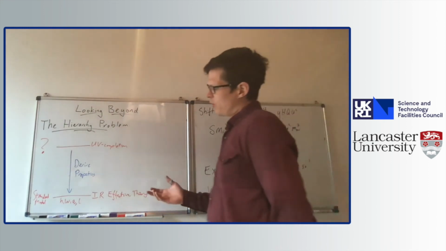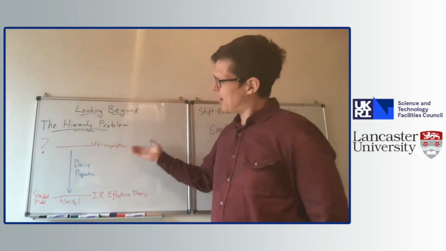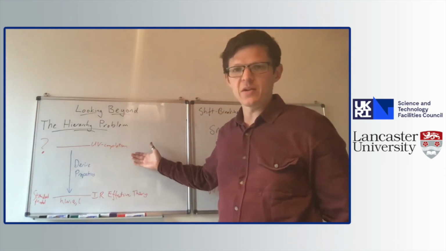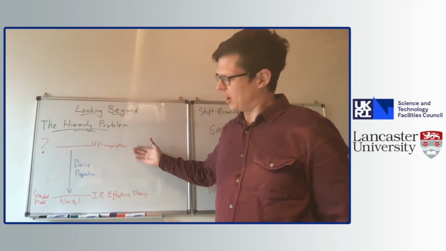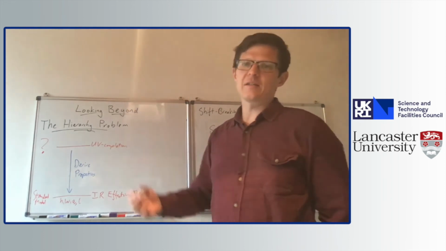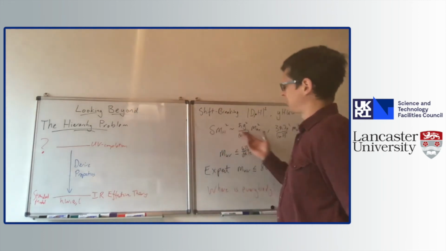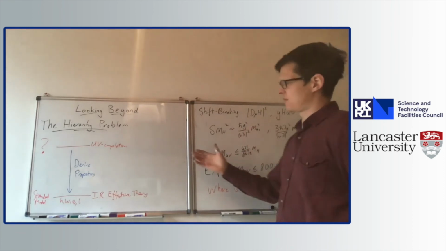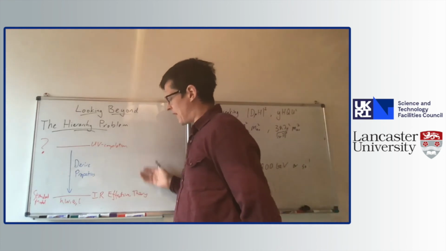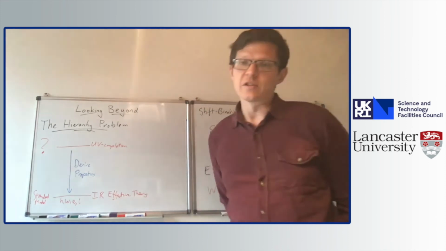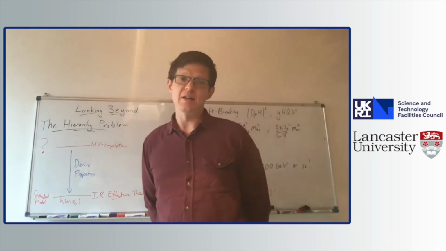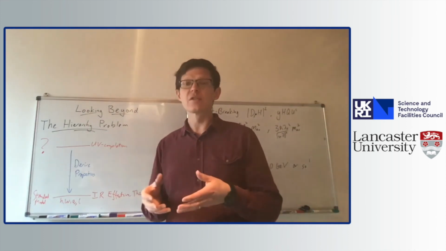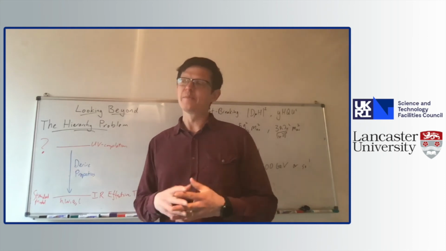Now, one could say that perhaps there are quantum field theories where the UV completion has symmetry breaking, like shift symmetry breaking, like these gauge couplings and so on, but when you go to the IR, this does not feed into the Higgs mass squared. And so maybe there isn't a problem.